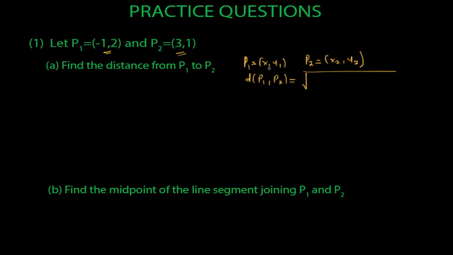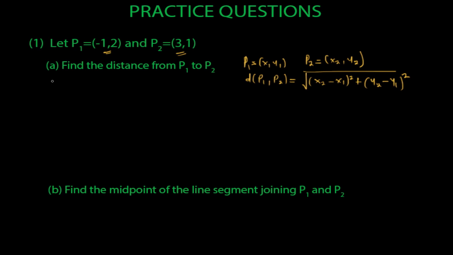The first square is the difference between the x coordinates, which is x2 minus x1 squared, plus y2 minus y1 squared. So that's the formula we know anyway.